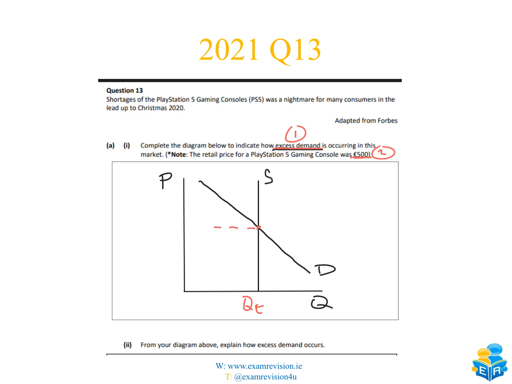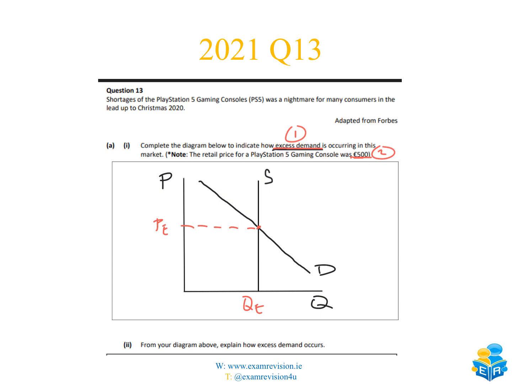I like to do my dotted lines, and we call that PE for price equilibrium. Again, the E doesn't matter. You can call it P1, Q1, PX, QX. I just like to keep it simple with PE and QE, E for equilibrium.